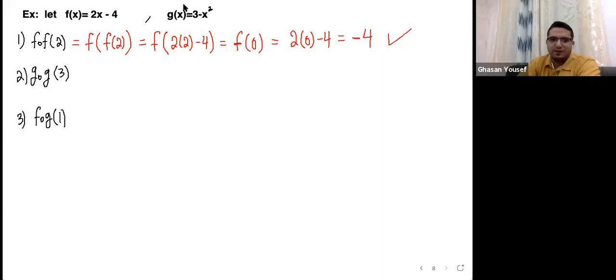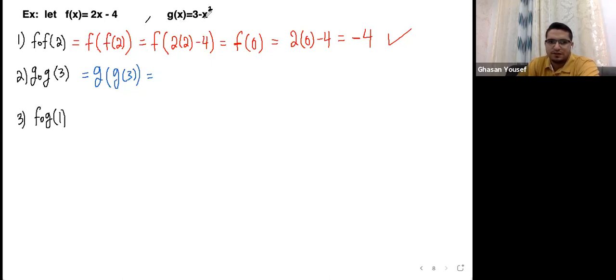For the second one, g circle g of 3. Again, I'm going to simplify it as g of 3. Same as before.